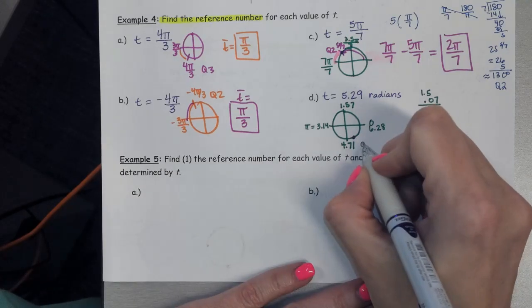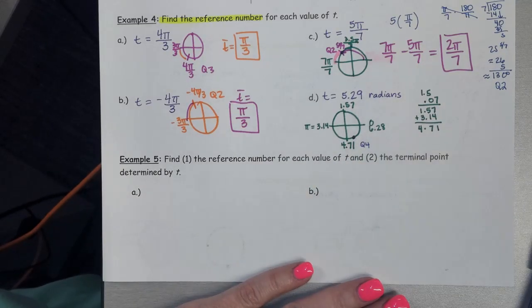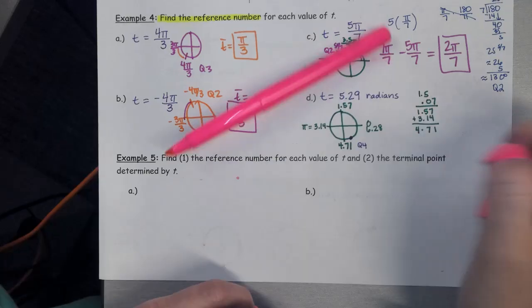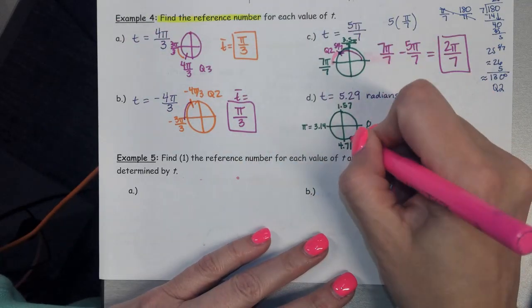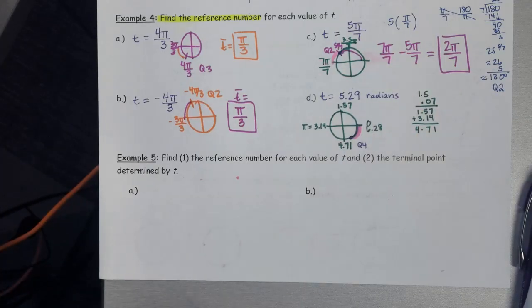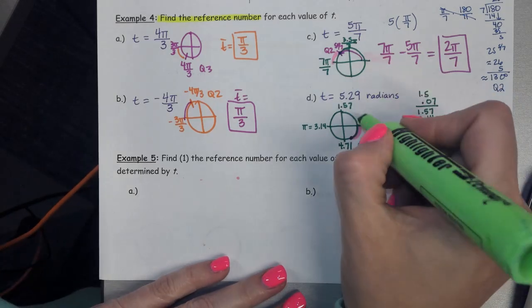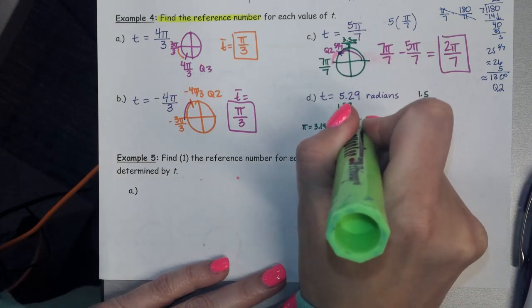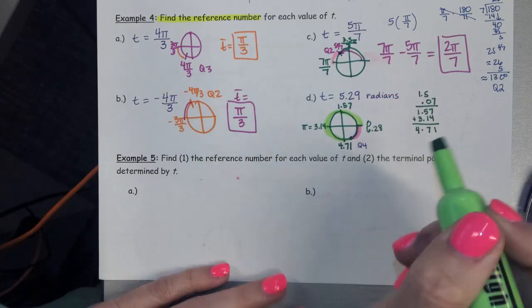Okay, so we know it's in Q4, which means your reference angle goes from here to here. That's what you're trying to find. What we just graphed is this, here to here.